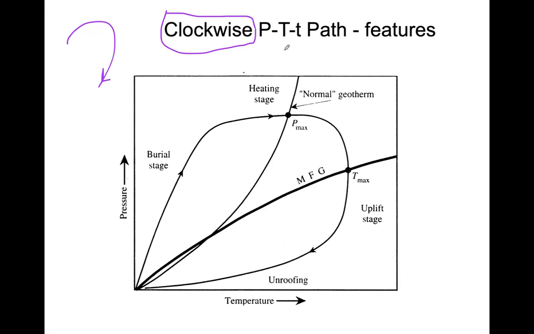Clockwise PT paths are the most common PT paths available because the tectonic processes taking place within the crust favor clockwise PT paths.